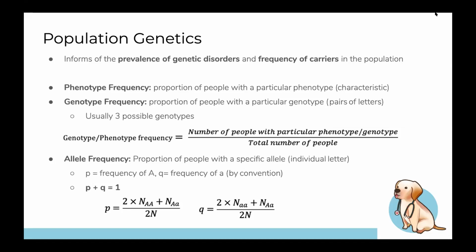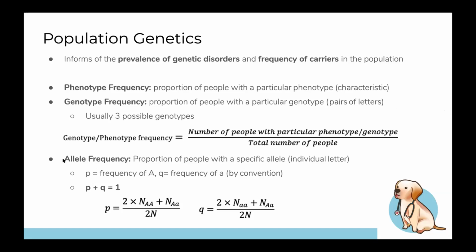Essentially, it's a proportion of people with a specific phenotype or genotype in a given population. The three different types of genotypes are capital A capital A, capital A lowercase a, and then your two lowercase a's. The way you work out the frequency, you essentially get the number of people with a particular phenotype or genotype, and you divide that by the total number of people. So we're looking either at percentages or proportions.